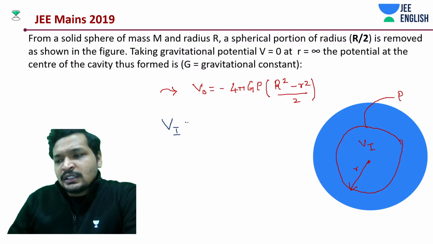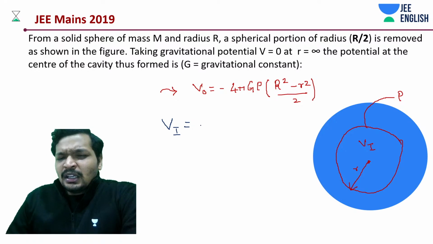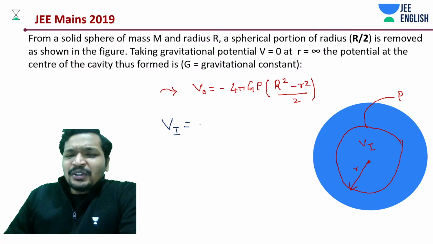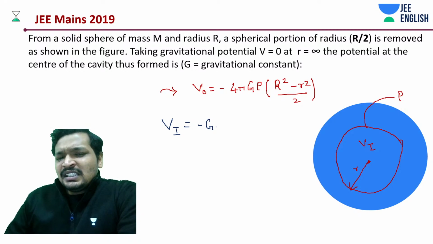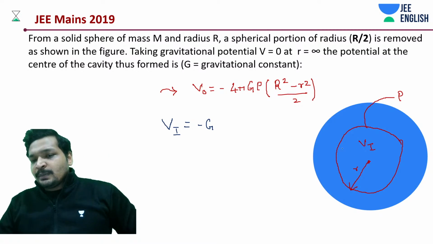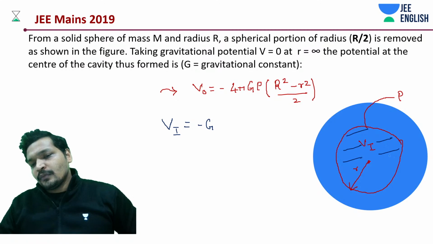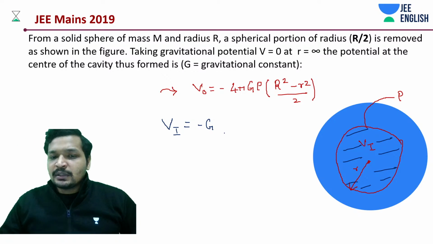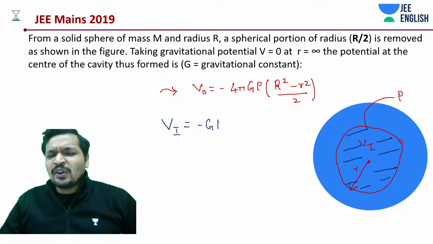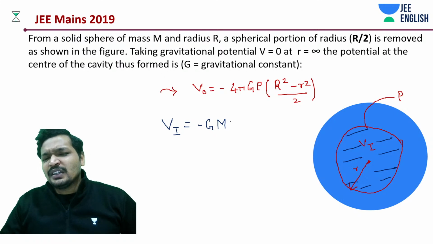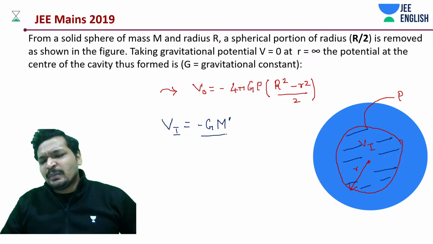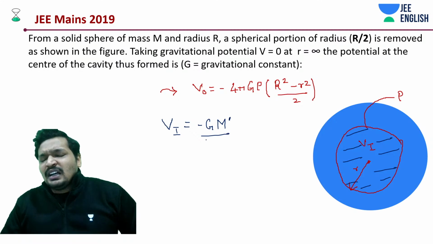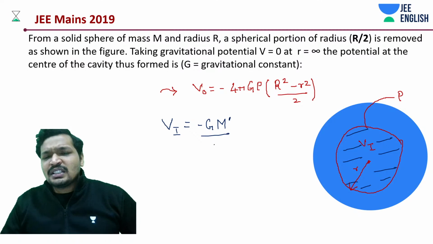So what should be V inner? Potential due to inner sphere is going to be what? Minus G. It's basically a solid sphere. So basically mass of that solid sphere, whatever is that m dash, divided by some r dash. And what is this r dash in this case?